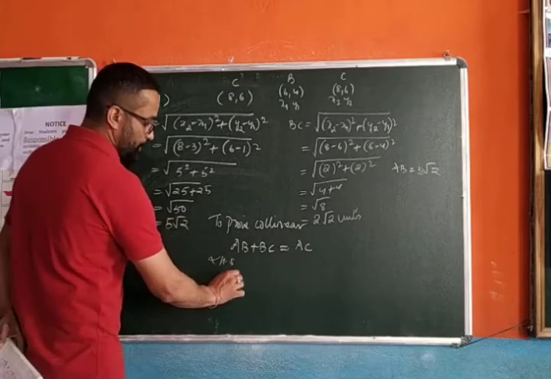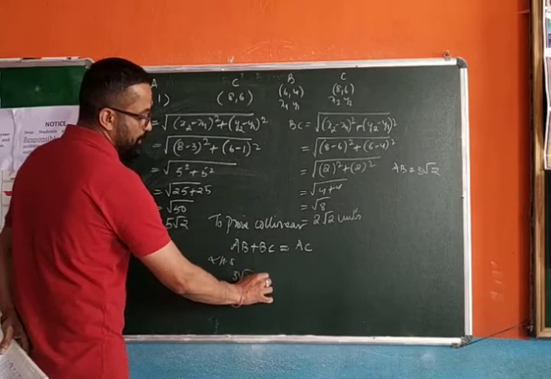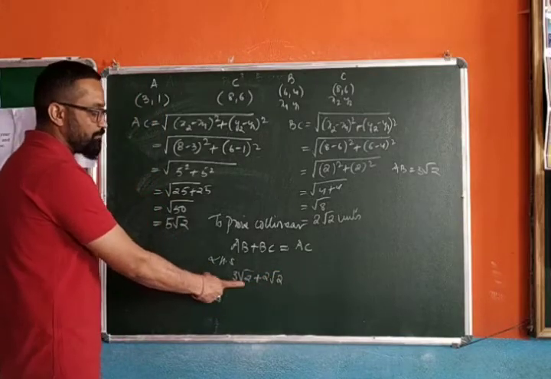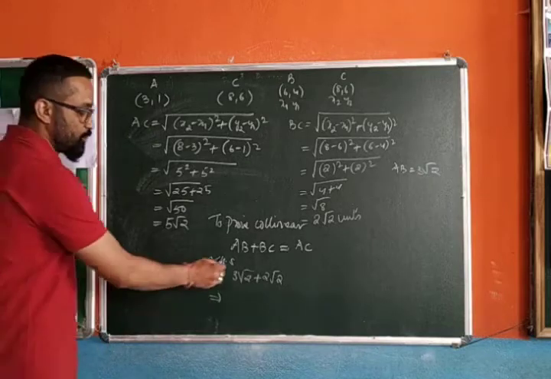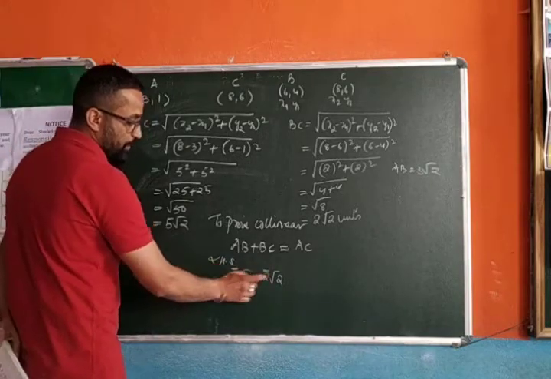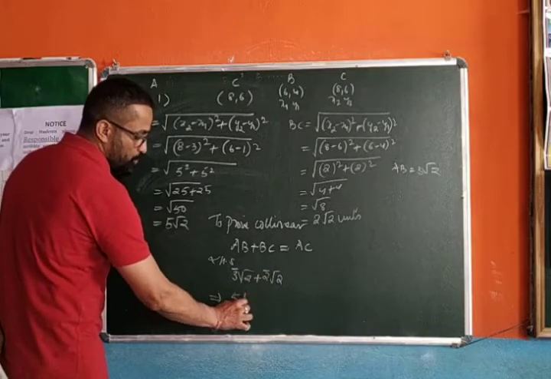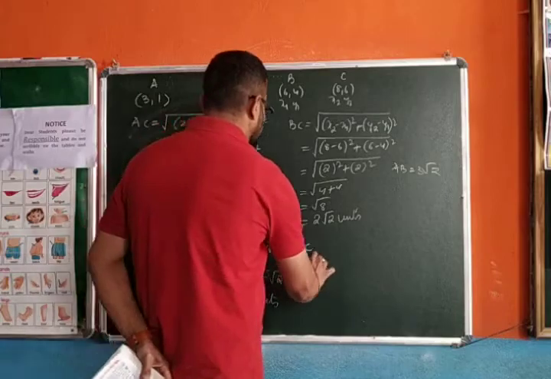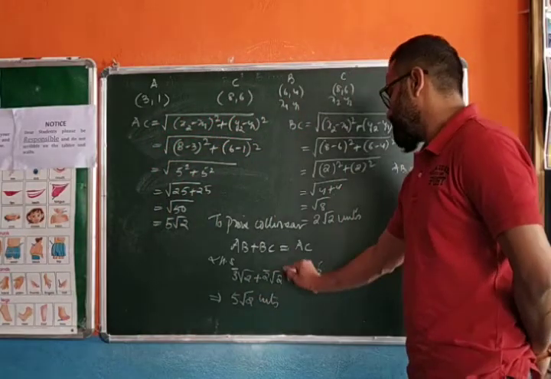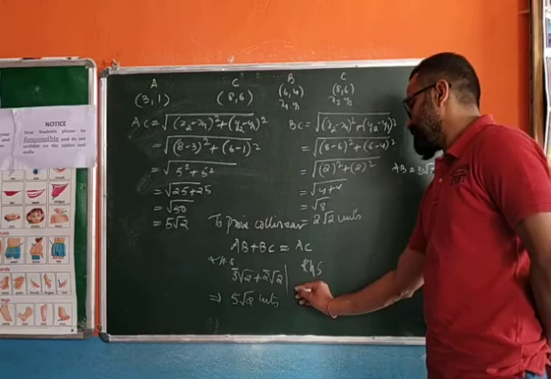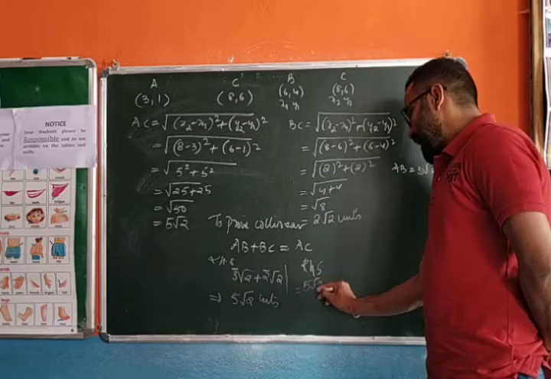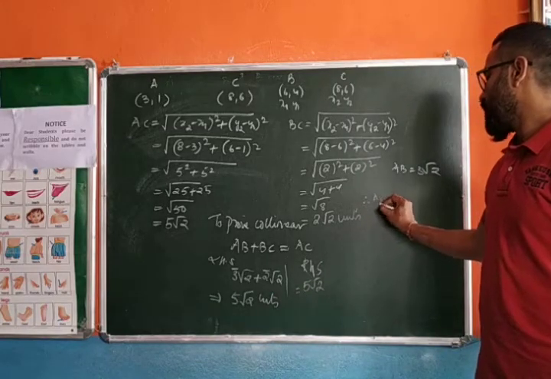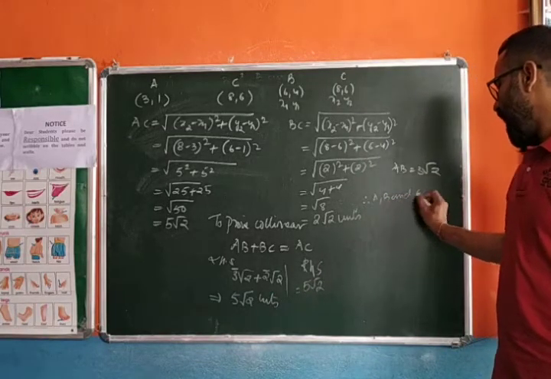AB is 3 root 2 plus BC is 2 root 2. 3 is called rational number, root 2 is irrational, so rational we add it up. 3 plus 2 is 5 root 2 units. We calculate right hand side now. Right hand side is equals to AC is 5 root 2. And since these two values are equal, therefore A, B and C are collinear.